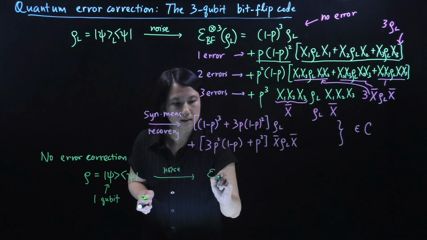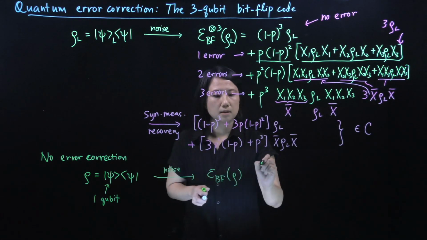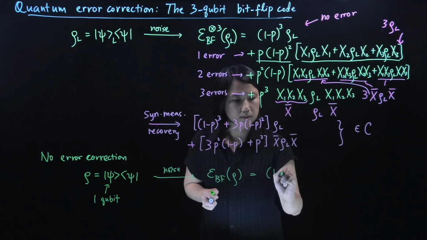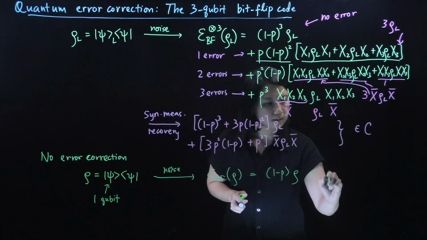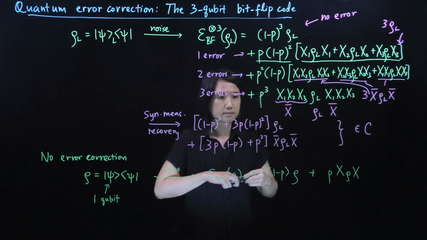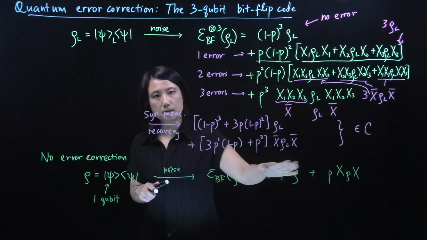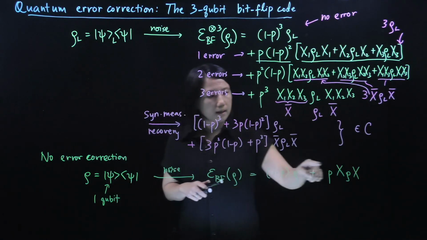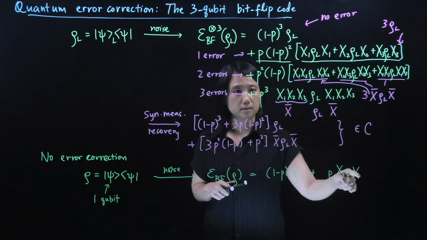I'm now applying E bit flip to this rho. If you recall the map, I will have simply 1 minus P of rho plus probability P of X rho X. And there's nothing I can do here because I didn't do any error correction, I didn't introduce any redundancy. This is the noisy state I have, and there's no way for me to fix this.